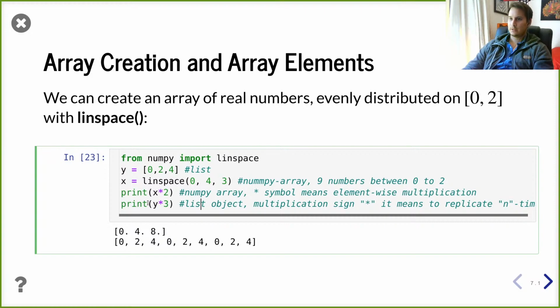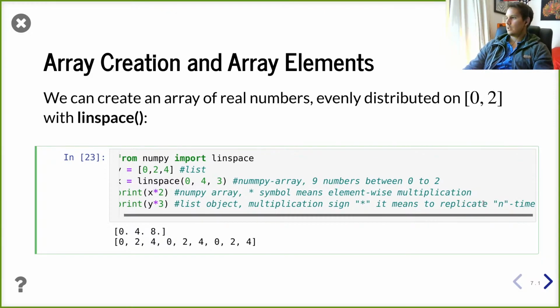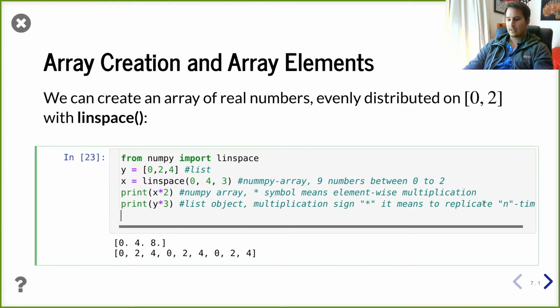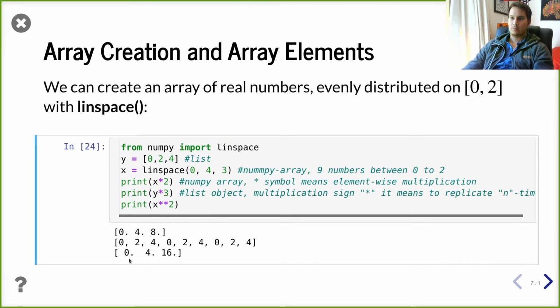Another difference is, for example, if you want to raise a Numpy array to the power of 2, the result will be what you would expect. Each element of this list will be raised to the power of 2. 0 raised to the power of 2 is 0. 2 raised to the power of 2 is 4, and 4 is 16.